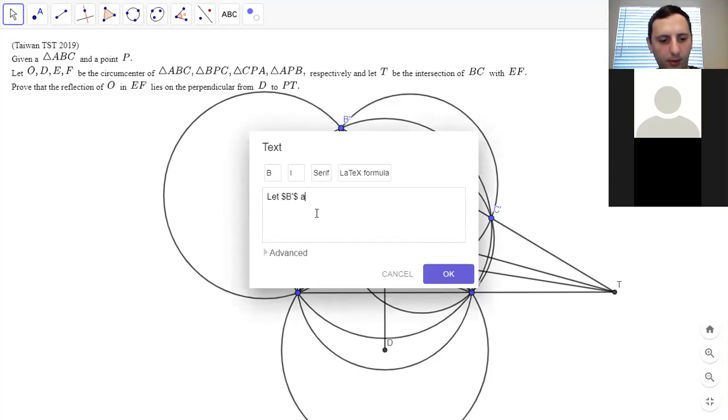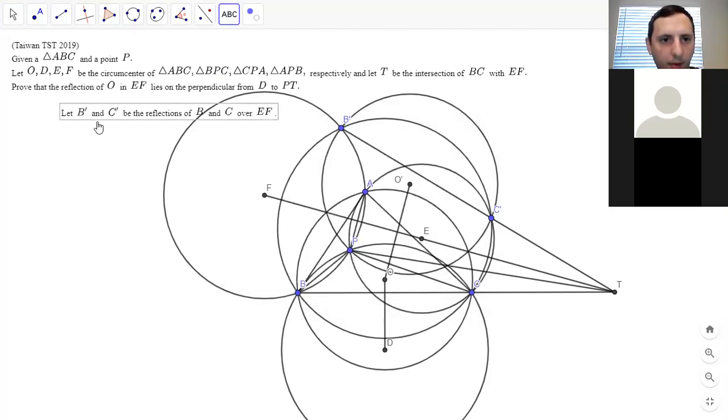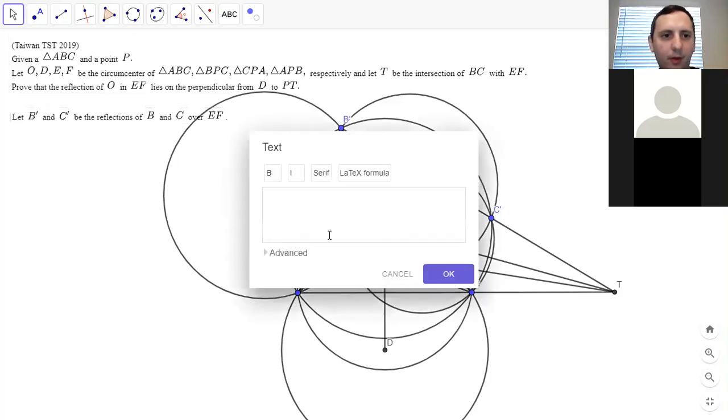Let B prime and C prime be the reflections of B and C over EF. And then by symmetry, I'll just let it overlap the diagram.